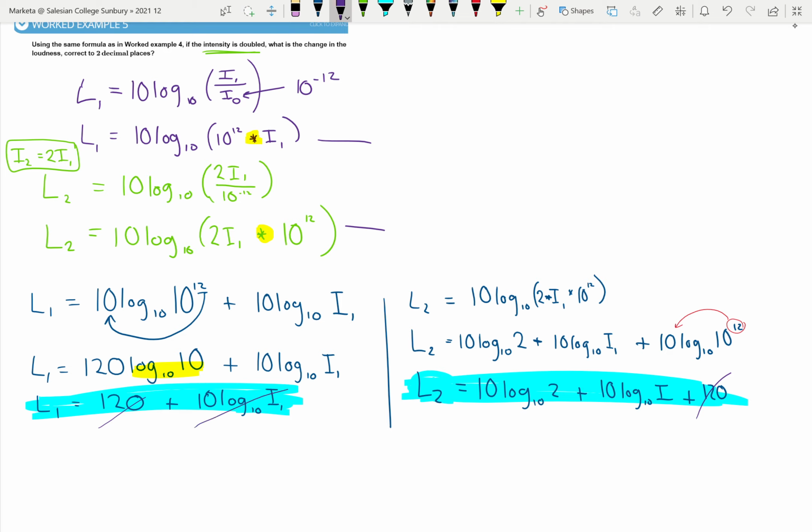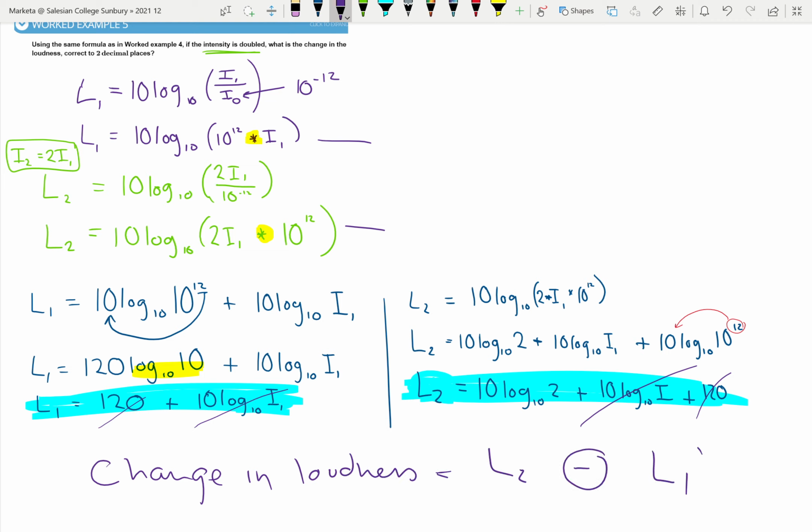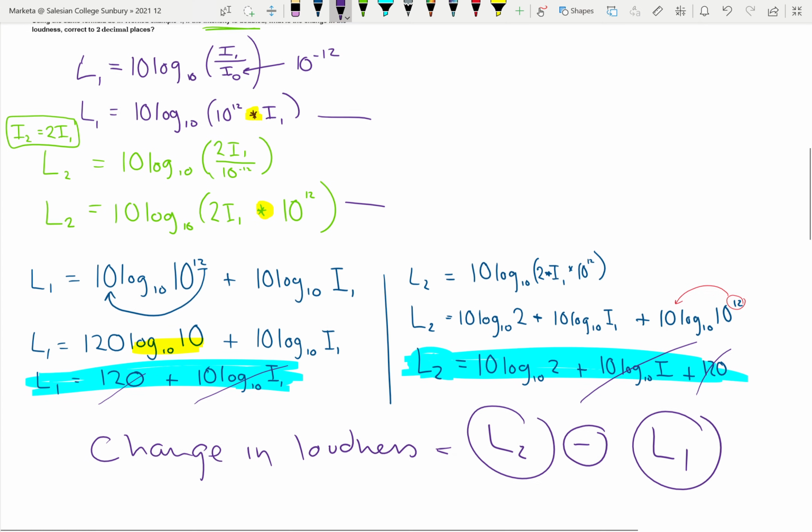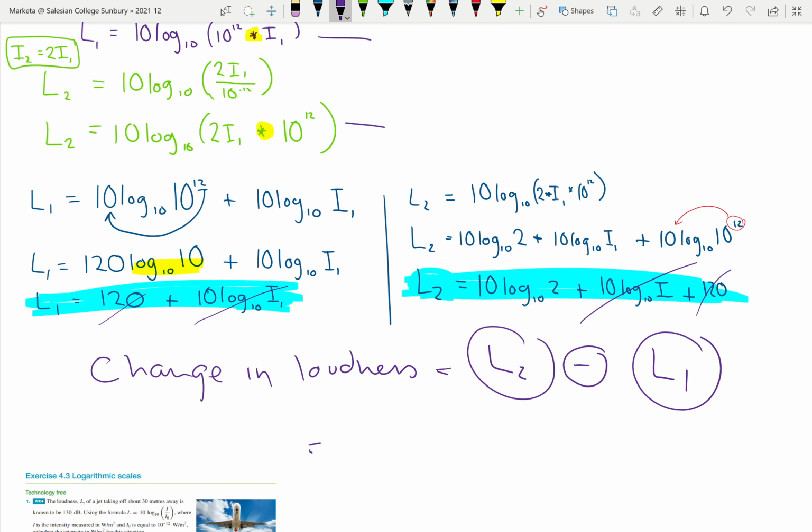We've got 10 log 10 of I1 in this, we've got 10 log 10 of I1 in this. Another way you could look at it would be to say the difference, or the change in loudness, is L2 take away L1. And all that's left over is 10 log 10 of 2 decibels.